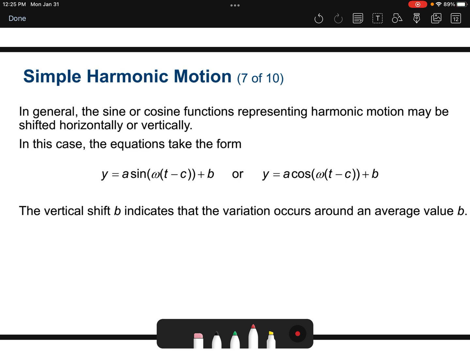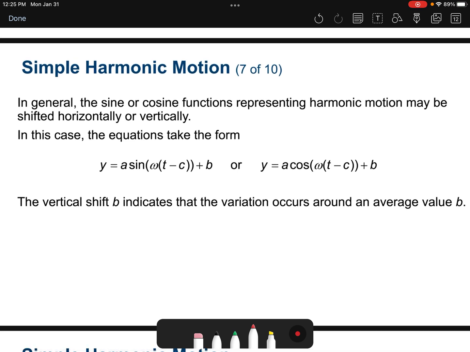Now, in general, we can talk about these simple harmonic motions like we did earlier, as far as the sine and cosine with vertical and horizontal shifts.